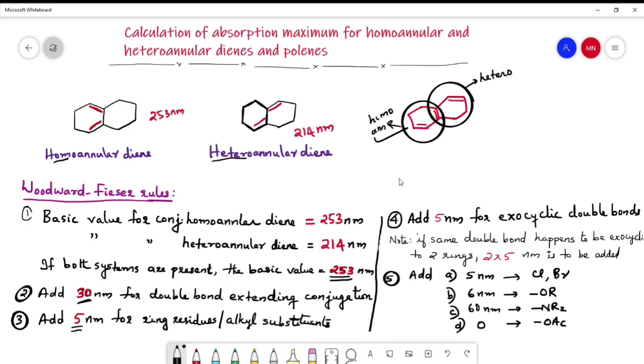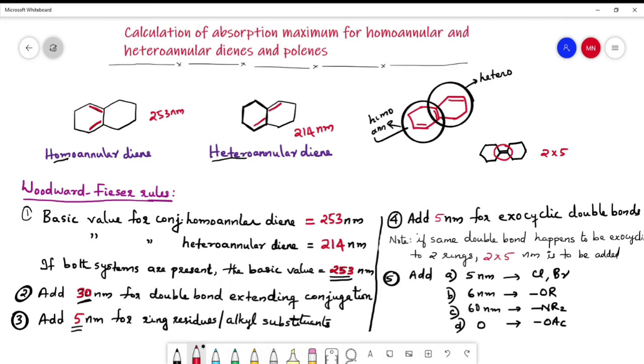In the previous video we saw what is meant by exocyclic double bond, alkyl residues and ring residues. A special system we also saw is when the same double bond is exocyclic to two rings. This particular double bond is exocyclic to both the rings, so its contribution will be 2 into 5 nanometer.